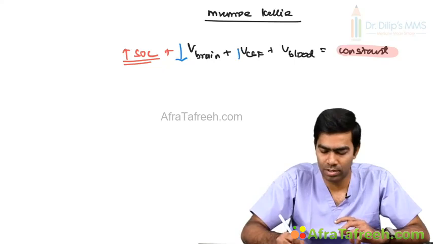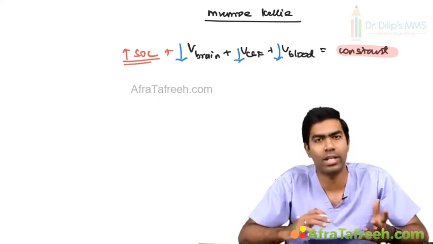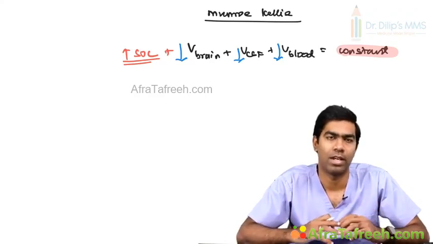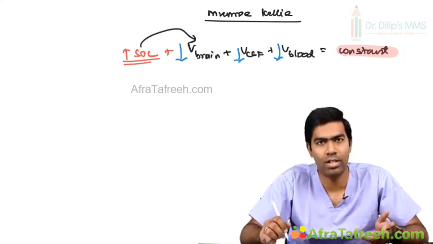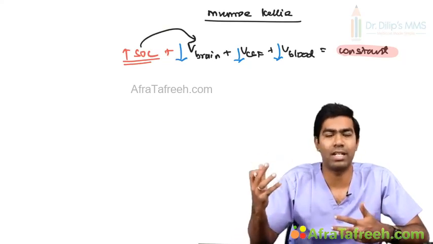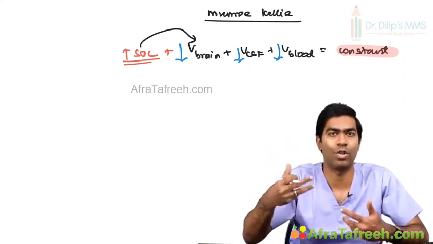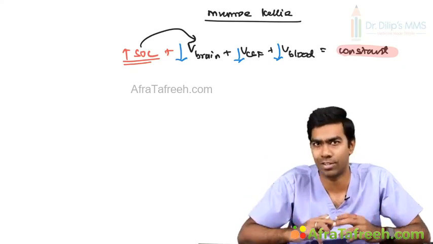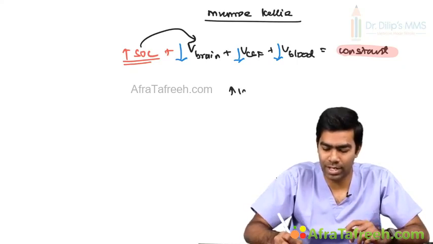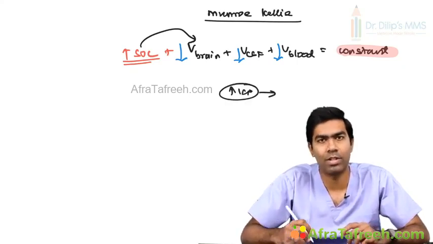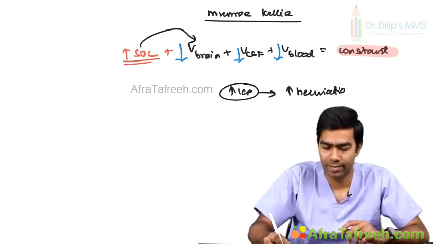You have to reduce the volume of all the other compartments to a considerable range, then only can they adapt to this space-occupying lesion. The brain volume cannot reduce, but the brain inside the cranium will try to escape through the orifices, through the foramens, and that's why you get herniation. Same problem with cerebral edema as well. Whenever your ICP rises because of cerebral edema, there is increased risk of herniation and death.